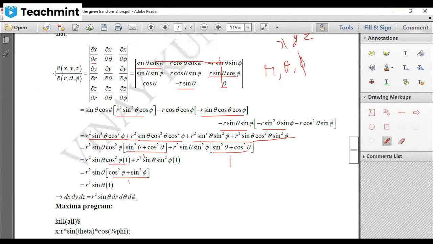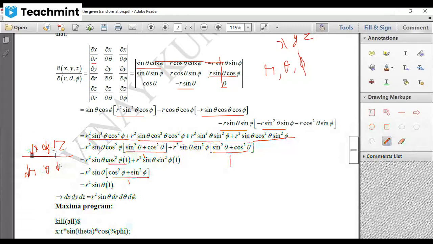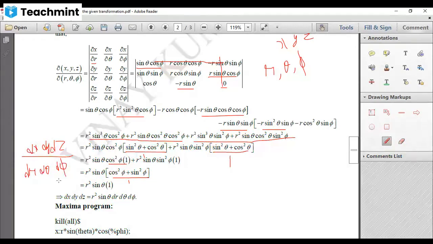Right? And we know that this is derivative of xyz with respect to derivative of r theta phi. That is, you are writing derivative of x, derivative of y, derivative of z divided by derivative of r, derivative of theta, derivative of phi. Okay.